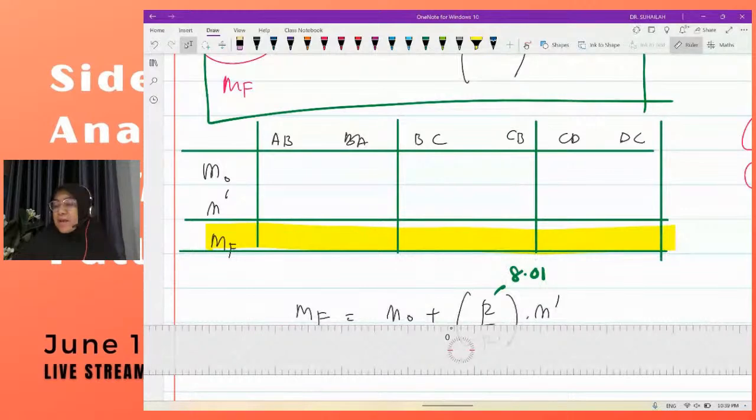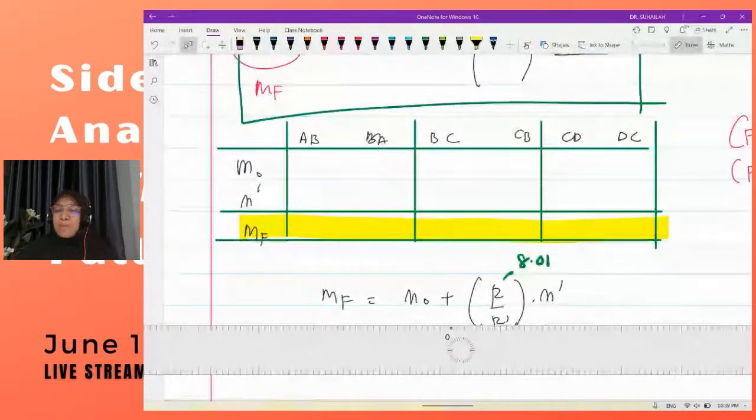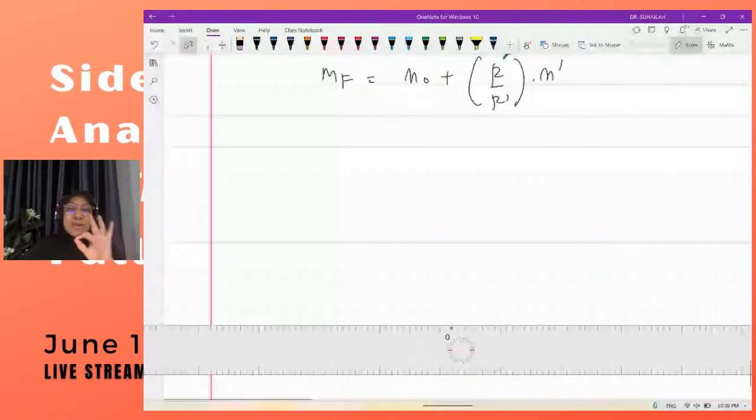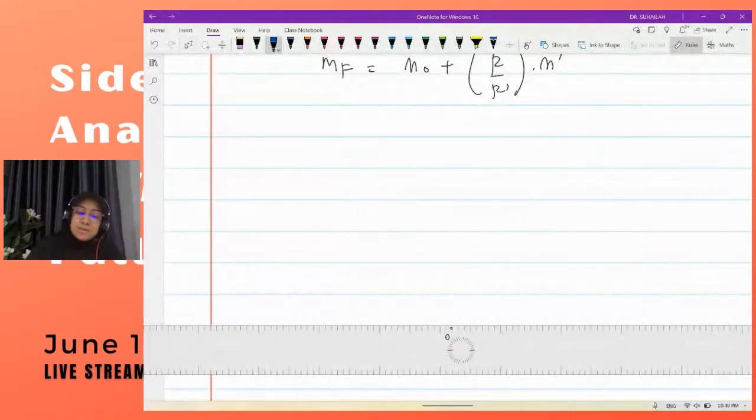Okay, so make sure you complete this. A frame with side sway has 3 conditions. This is the first condition. Another one is this, number 2.